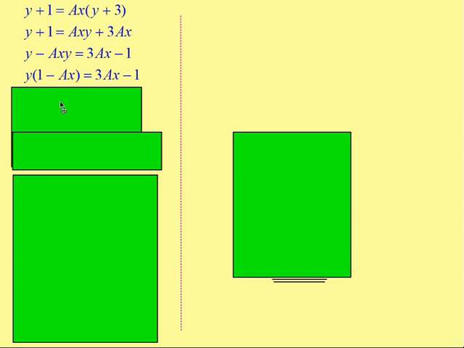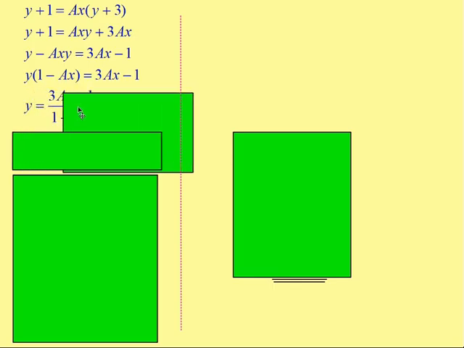From there, where do we go? Perfect, you can divide both sides by 1 take away ax. Therefore, y equals 3ax take away 1 over 1 take away ax. That there, what's that called? General solution! Perfect.